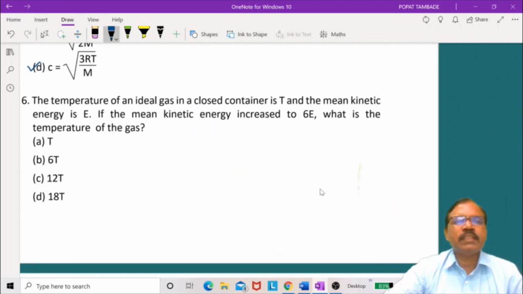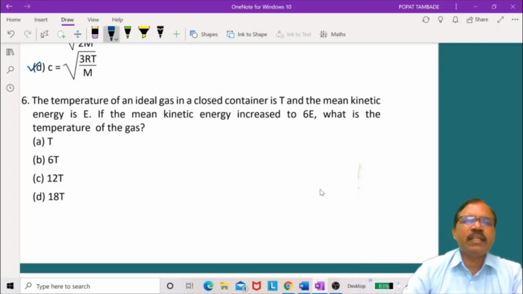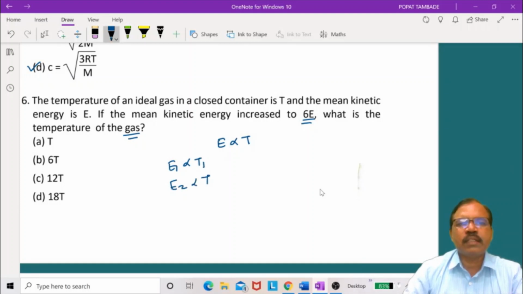The temperature of an ideal gas in a closed container is T and the mean kinetic energy is E. If the mean kinetic energy is increased to 6E, what is the temperature of the gas? Now we have seen mean kinetic energy is proportional to temperature. So I can write E1 is proportional to temperature T1, E2 is proportional to temperature T2.